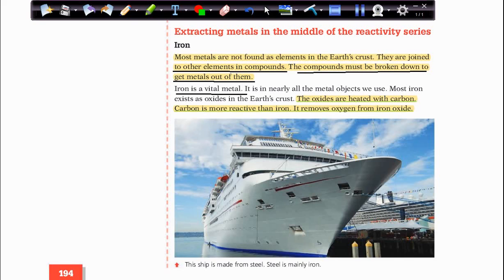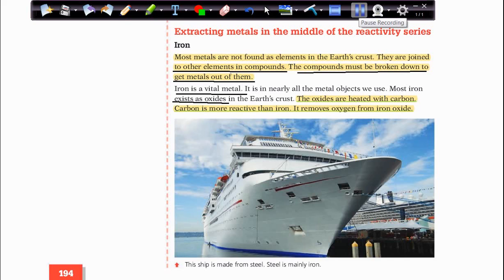So iron is very important in our life. But the problem is that iron can be found as a compound, and can exist as oxides. We should extract this iron from the oxide, so we can get iron alone and use it.